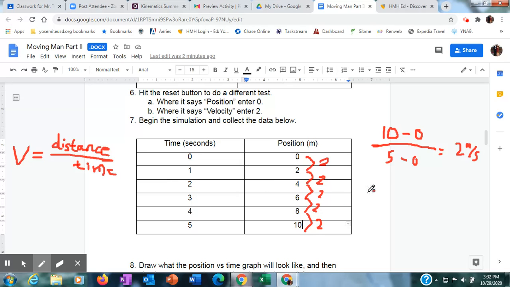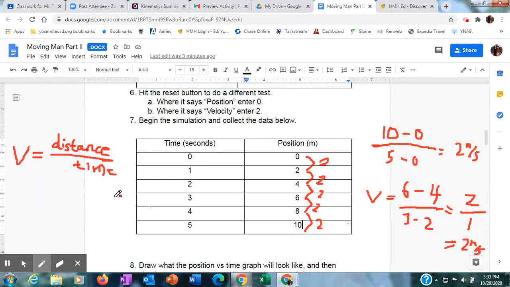In this case, my velocity is going to be equal to where I ended, which is 6, minus where I started, which is 4, divided by 3 seconds minus 2. Okay, so 6 minus 4 is equal to 2, and then 3 minus 2 is equal to 1. So therefore, I'm still going to get my 2 meters per second.